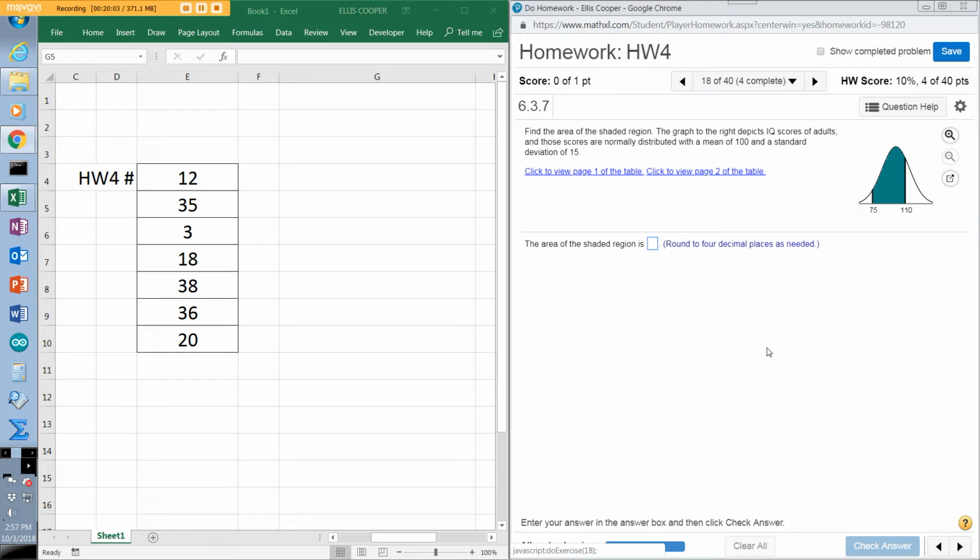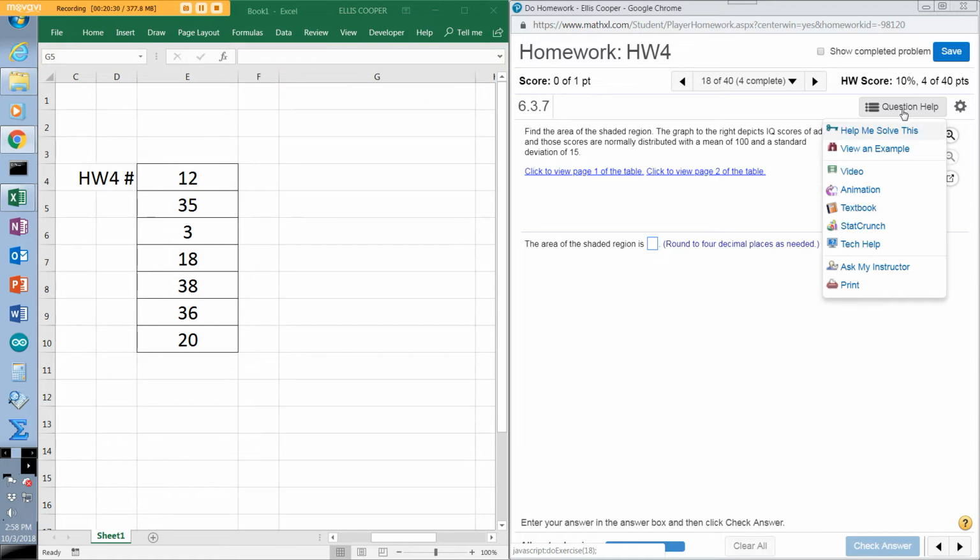We're going to have to be doing standardization, because we're talking not about the standard normal probability distribution. We're talking about a general probability distribution with a mean of 100 and a standard deviation of 15. So we would have to do little calculations to convert it to standard with x minus mu over sigma, and so on. Let's do it the easy way.